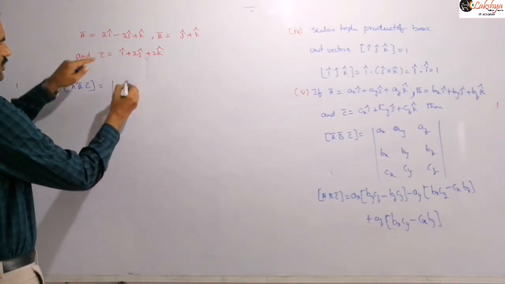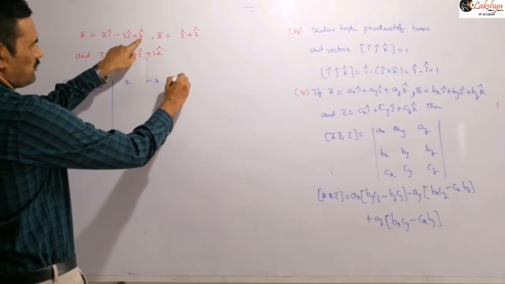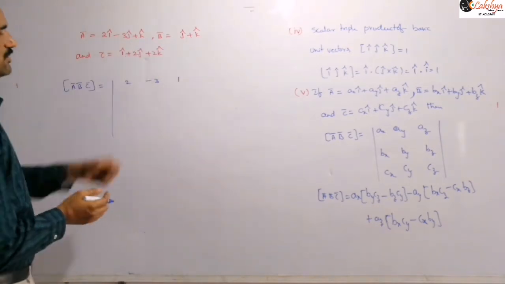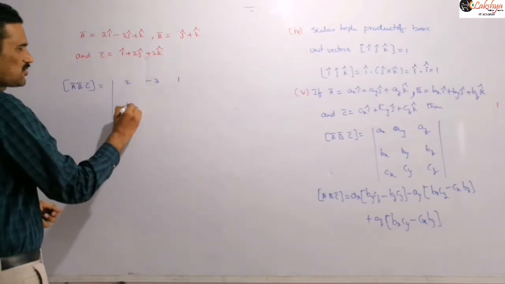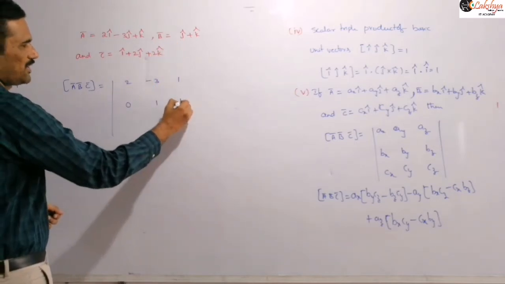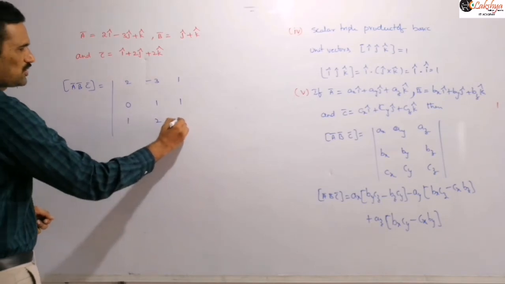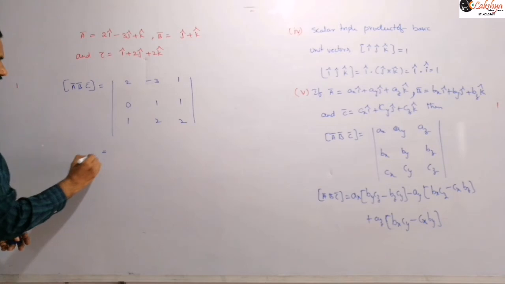The first vector is 2, minus 3 and 1. For the second vector b bar, the i cap coefficient is 0, as the i cap term is not there, so 0, 1, 1. And for the third vector, 1, 2 and 2. So now we just need to simplify this.